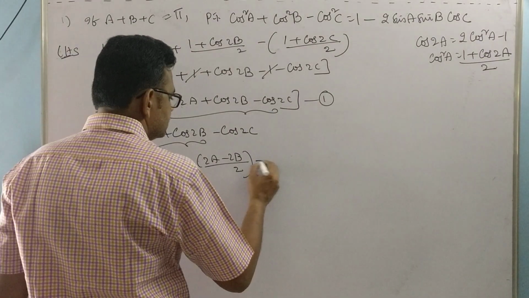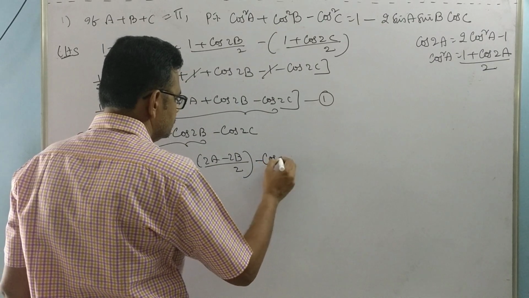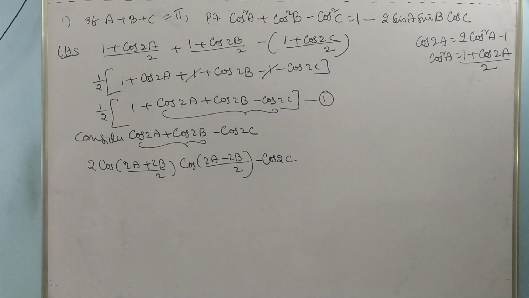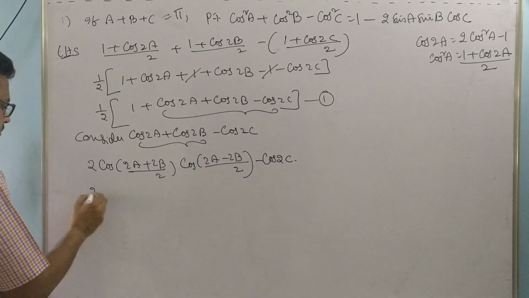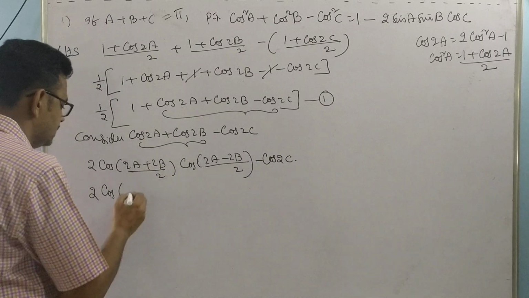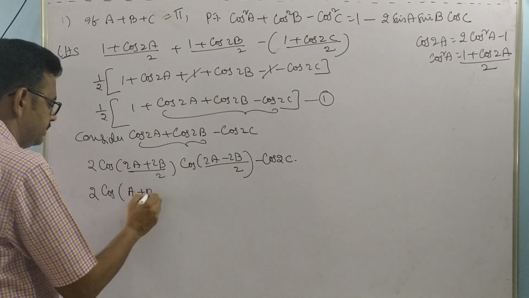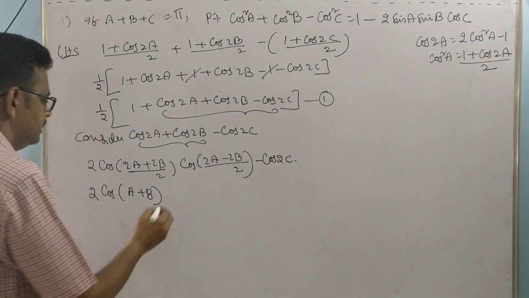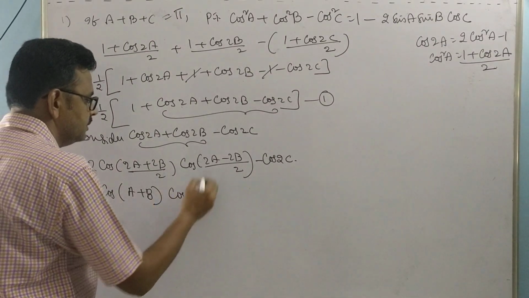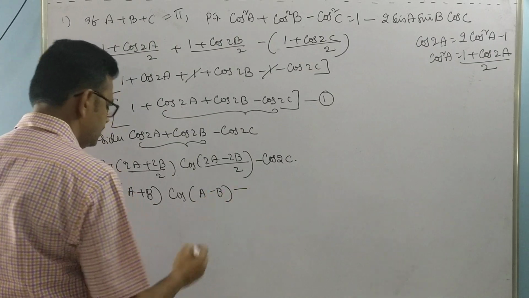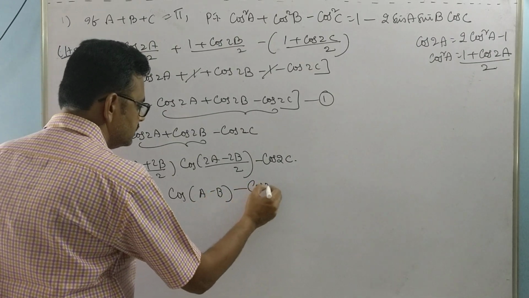So minus cos 2C. So this is 2 into, taking 2 common, cos of A plus B into cos of A minus B, minus cos 2C.